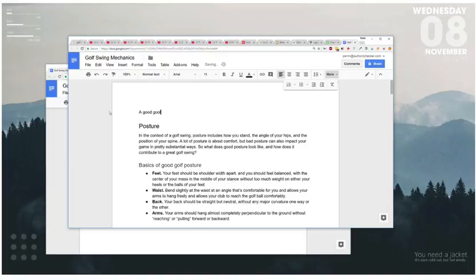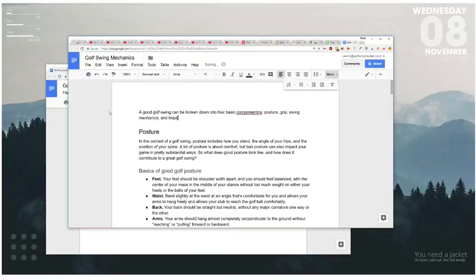A good golf swing can be broken down into 4 basic components: posture, grip, swing mechanics, and impact position.